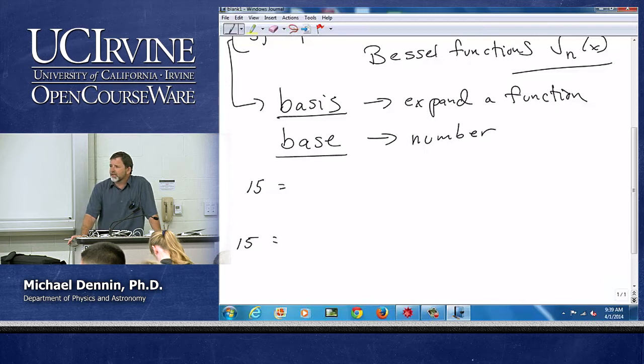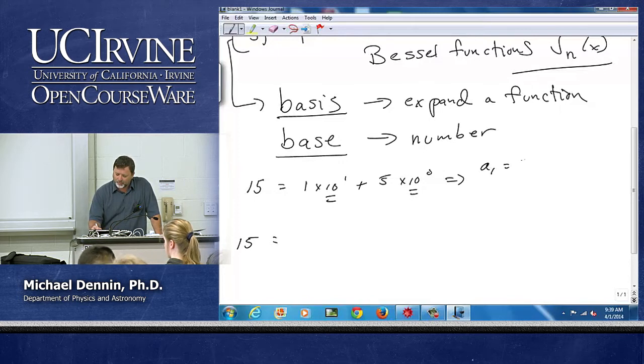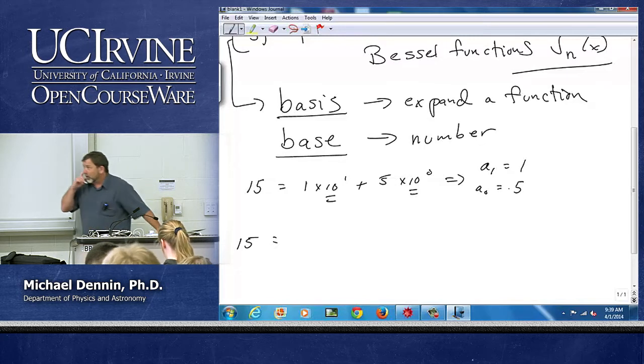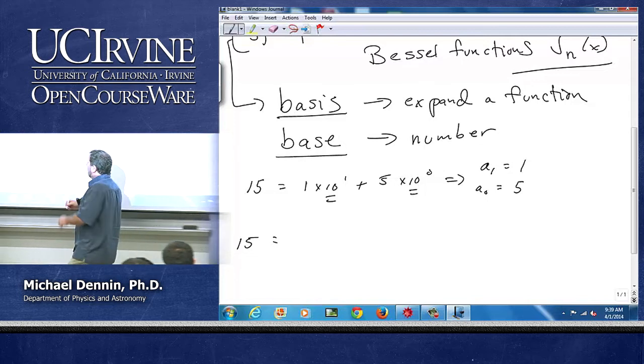So 15 in base 10 should be easy. What do we have? Excellent. So what this tells us, since these are our base, what we're expanding in, we have coefficients a sub 1 equals 1 and a sub 0 equals 5. So notice the idea here, and this is the idea behind an expansion.